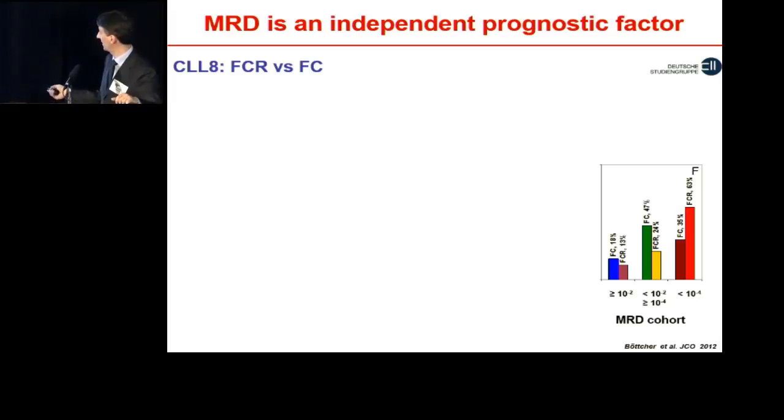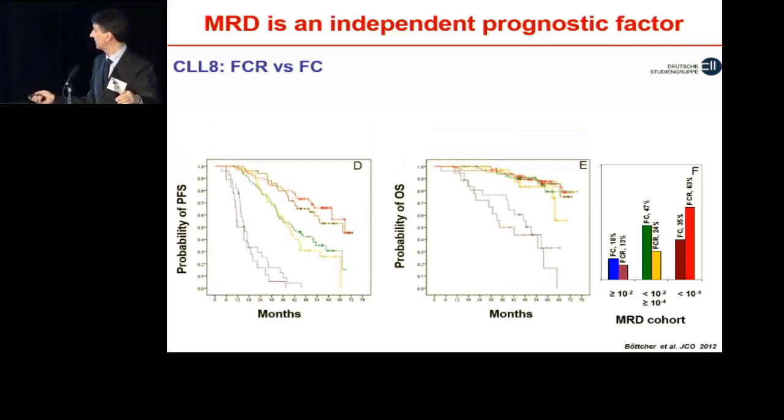you get more MRD negative cases using FCR, but still you do get cases that are negative for MRD also using only FC. Second thing is that, again, there is a very nice correlation between the levels of MRD, 10 to the minus 4, intermediate levels, 10 to the minus 2, and a better progression-free and overall survival.